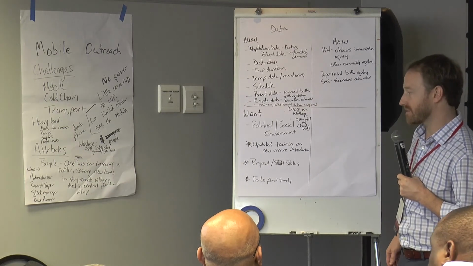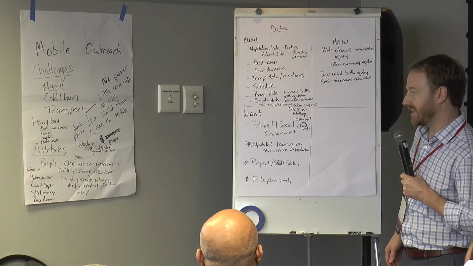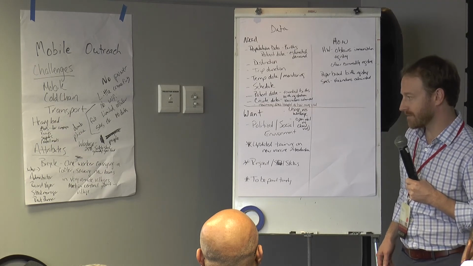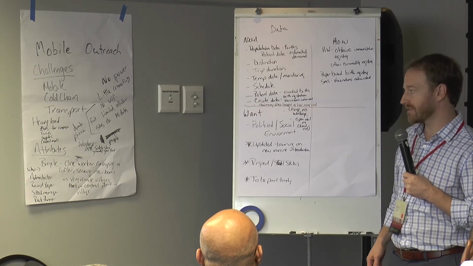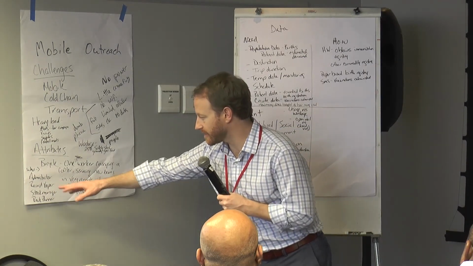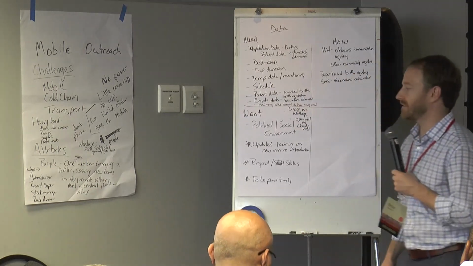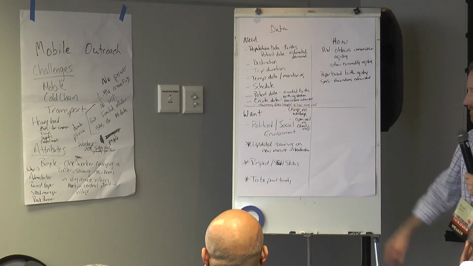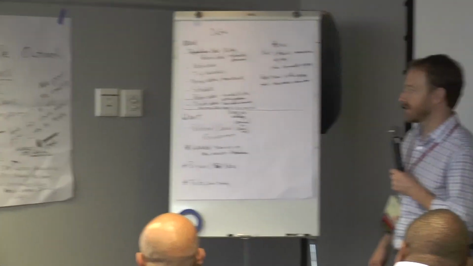This person was responsible for inventory management. They were responsible for planning their own route. They were responsible for, let's say, keeping records of the drugs they administered, and they were responsible for administering it.